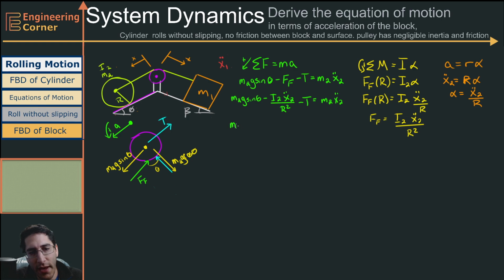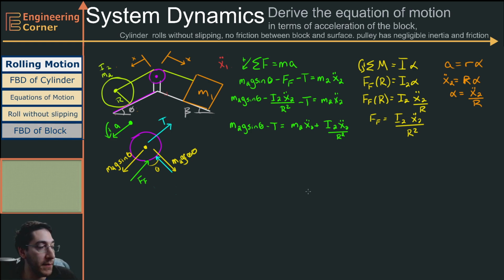So I'm going to have m2g times the sine of theta minus t is equal to m2 x2 double dot plus I2 x2 double dot over r squared. So this is as far as I want to go with the cylinder.